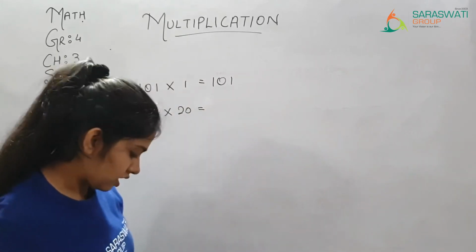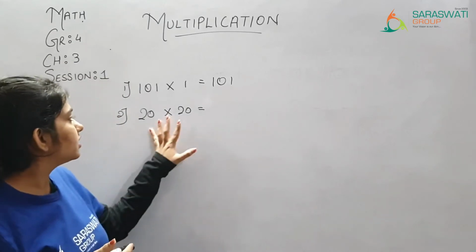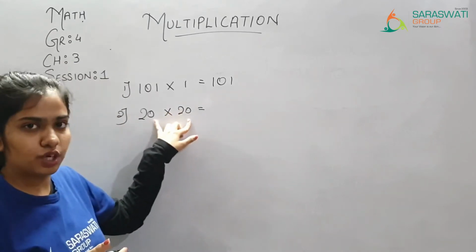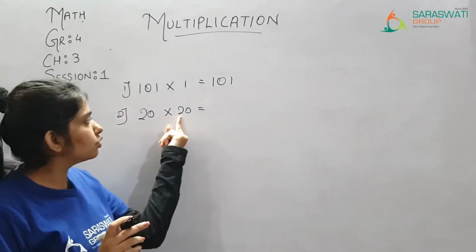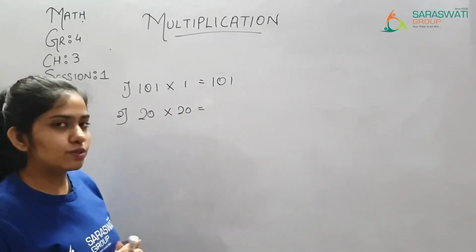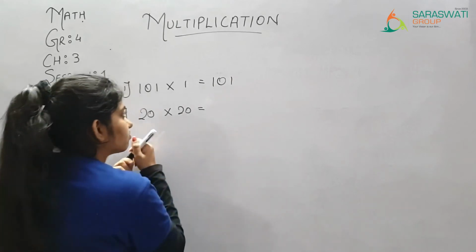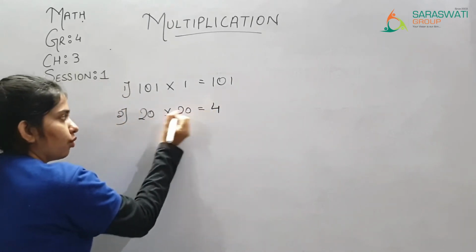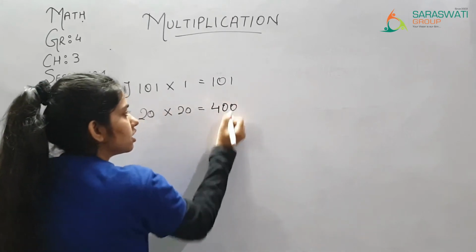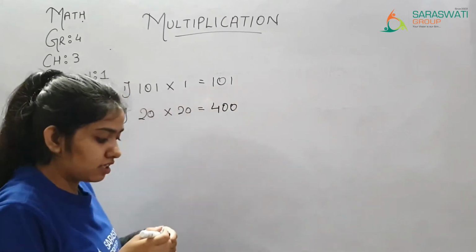There is a trick. See, we are not supposed to count the 0s right now, we put them on one side. Then which digit is there? 2 into 2, so 2 2s are 4. So write 4 over here, and how many zeros are there? 1 and 2. So 2 zeros and we get the answer.